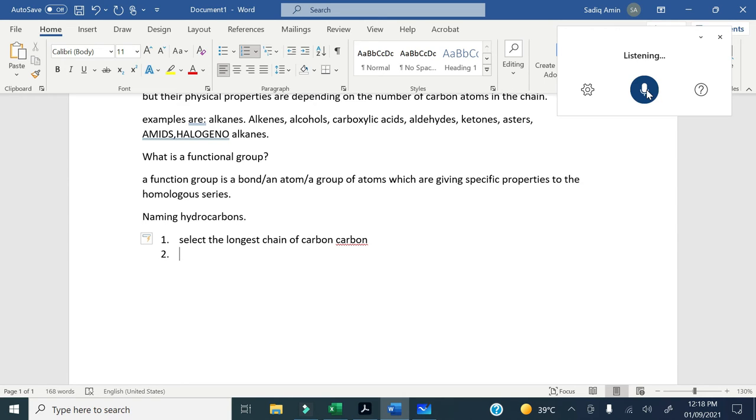Give it a numbering. Start the numbering from the side which gives the least value to the functional group. Write down the name as follows.